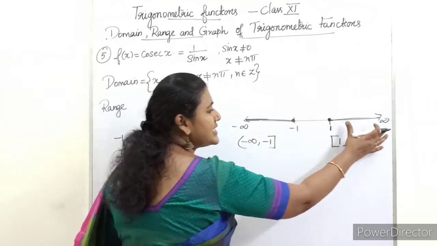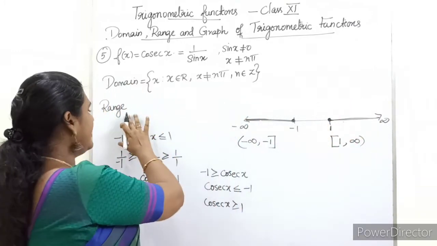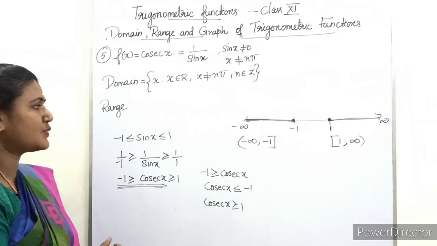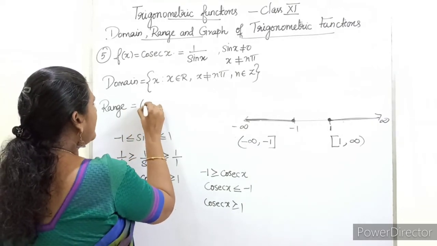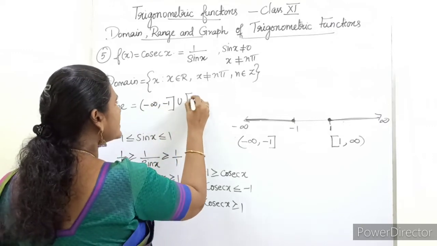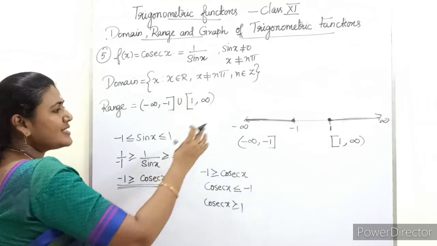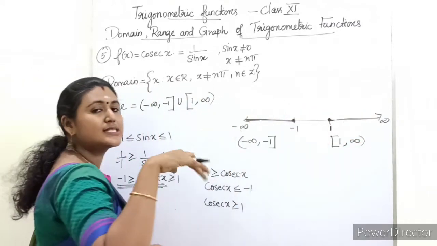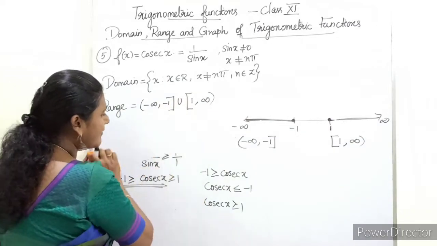So this region, actually the union of these two intervals will be the range of cosec x. Okay, so we can write cosec x is equal to open minus infinity minus 1 closed union closed interval 1 to infinity. Okay, so this two intervals union will be the range of cosec x.